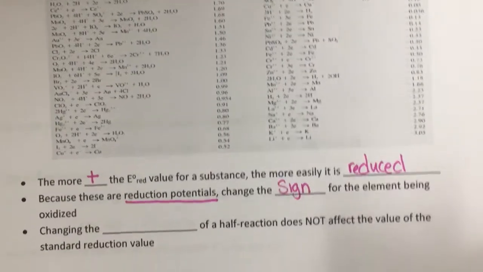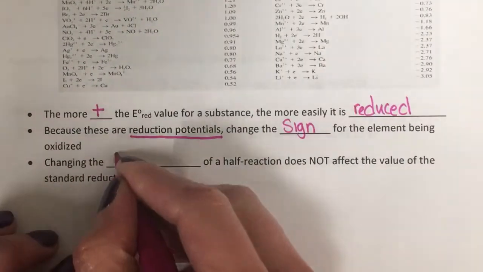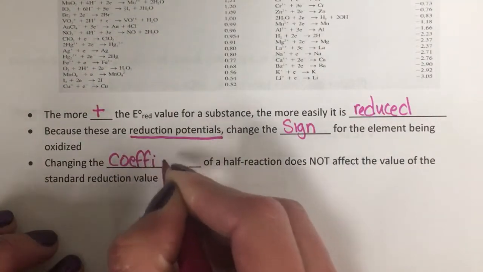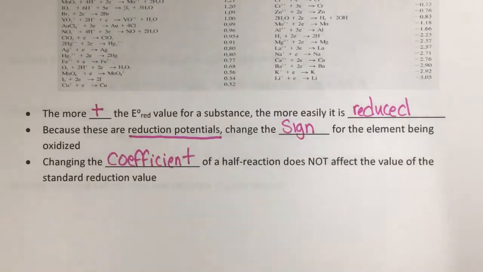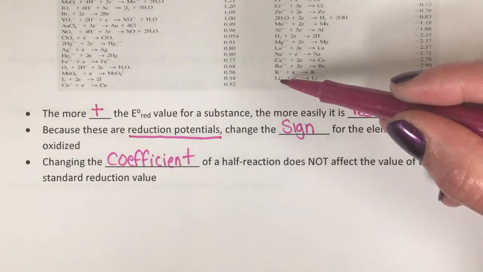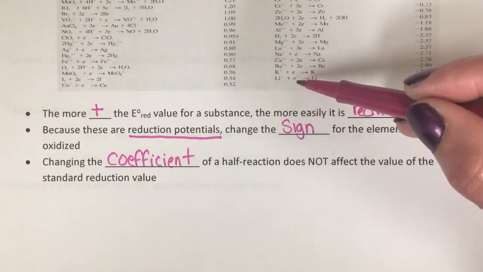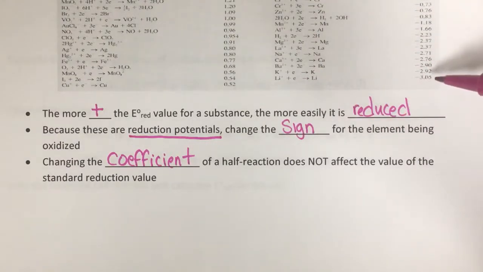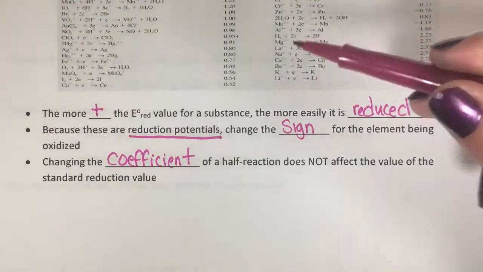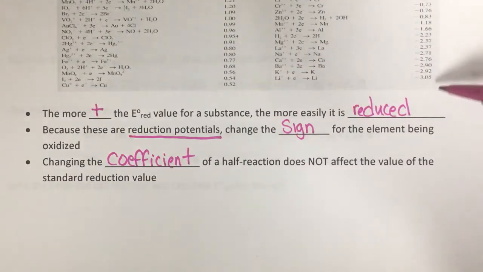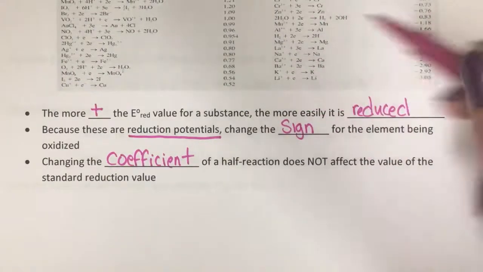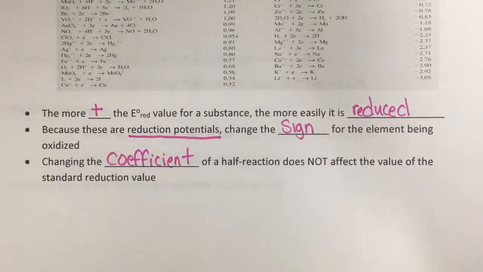Now, if I change the coefficient of my half reaction, it does not affect the value. So if I have one lithium atom being reduced, it needs to absorb negative 3.05 volts. If I have 2, still 3.05 volts. 3, still 3.05 volts. It doesn't matter what the coefficient is, this value does not change.